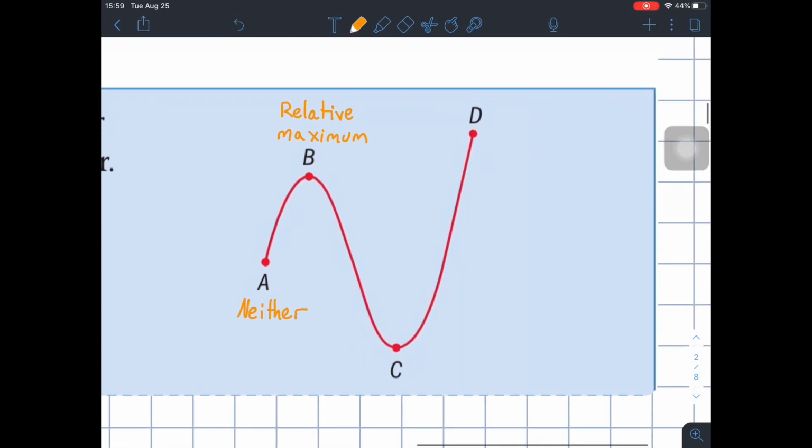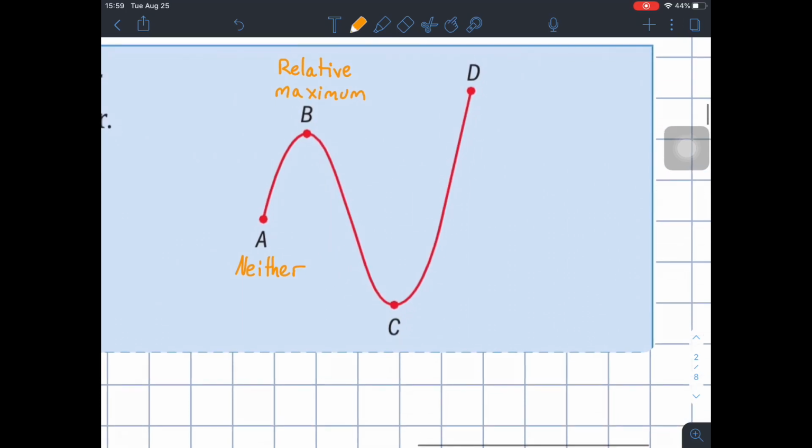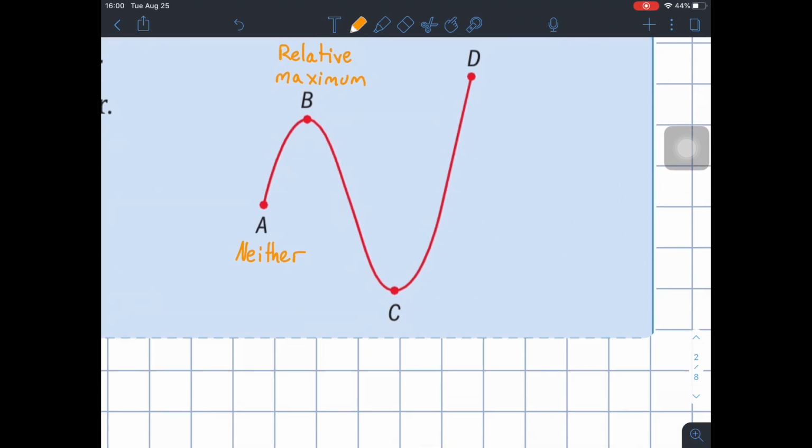Okay, then if we analyze point C, we see that point C is a relative minimum, right? Because the function is decreasing here and then it starts increasing. And if we draw a tangent line through point C, we would have a horizontal line, right? So all of the conditions are met for point C to be a relative minimum. Now, is it also an absolute minimum? In this case, yes. Why?